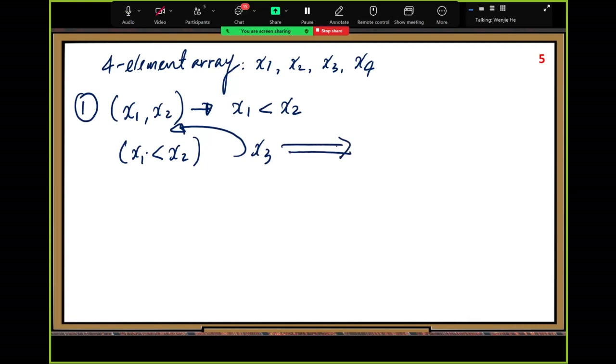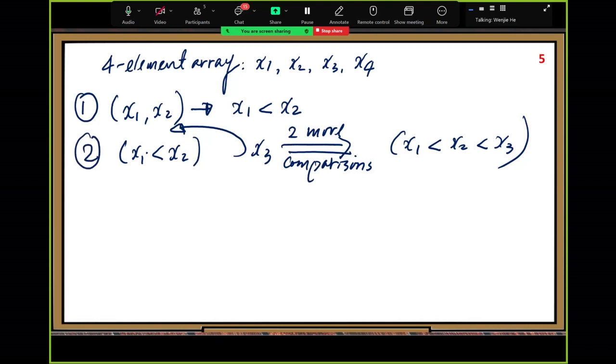So step 1 is one comparison, step 2 is 2 more, so 1 plus 2 is 3.